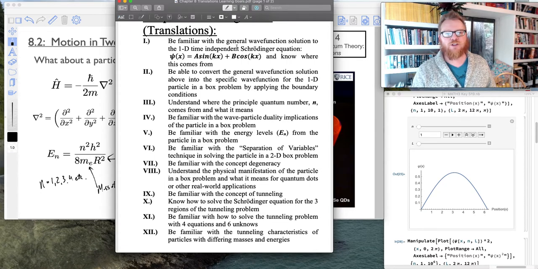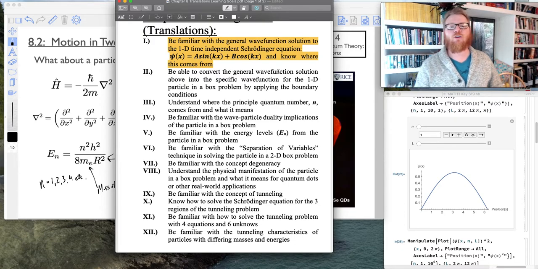So be familiar with the general wave function solution to the 1D time-independent Schrodinger equation, a sine x, b cosine x, right? So know where that comes from. That's mostly from chapter 7 stuff, okay? So be able to convert the general wave function solution for the 1D particle in a box problem to this specific wave function by applying the boundary conditions.